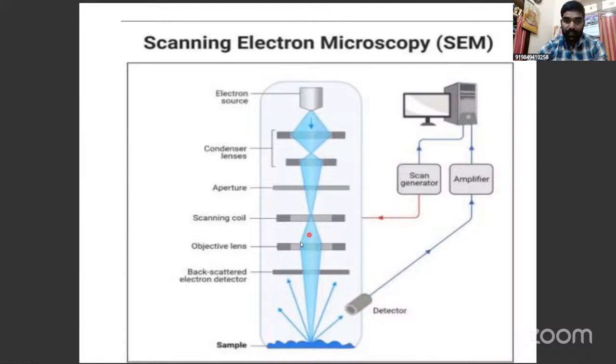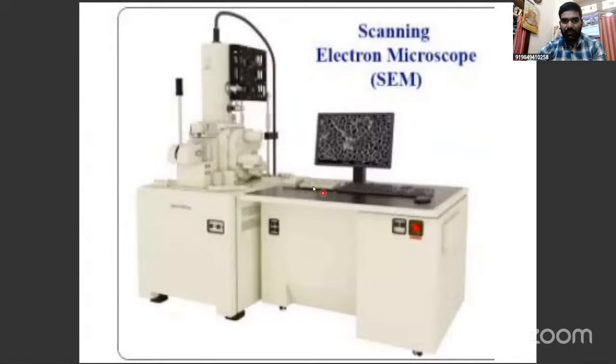Then it will go onto the specimen and the electrons will be ejected from the specimen, backscattered and secondary electrons. Secondary electrons will give the morphology and topography, whereas the backscattered electrons will give the composition of those elements. This is the scanning electron microscope. You can observe.